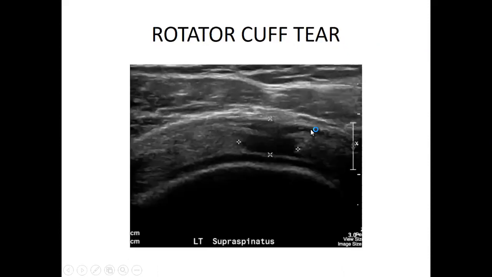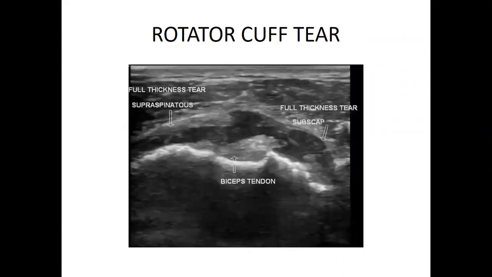And then you've got the rotator cuff here. This is another tear picked within the rotator cuff interval. Again, you've got that rotator cuff tear. This is also a post-traumatic tear within the supraspinatus.